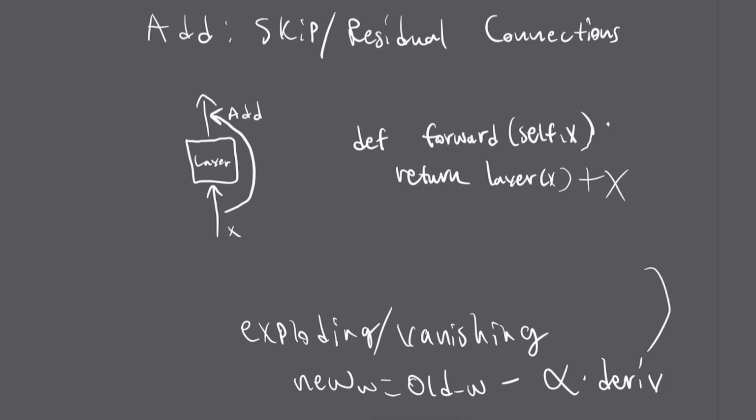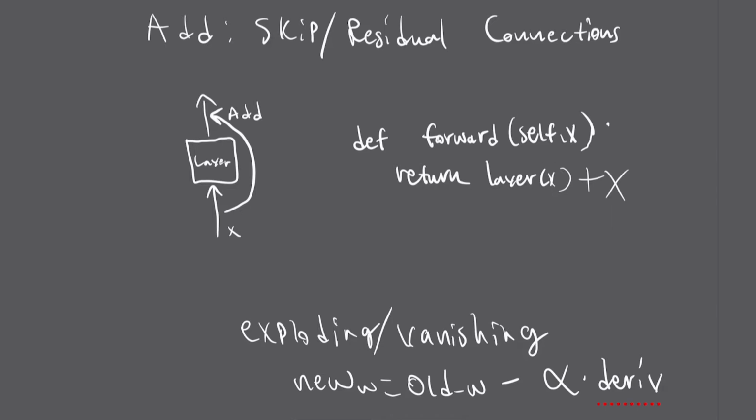Similarly, if this value of the derivative is way too large, then the new weight is going to be drastically different than the old weight, and that won't be great for the neural network's performance. So we would like to mitigate this problem in some way or another. And it turns out that this simple addition does end up reducing that problem.